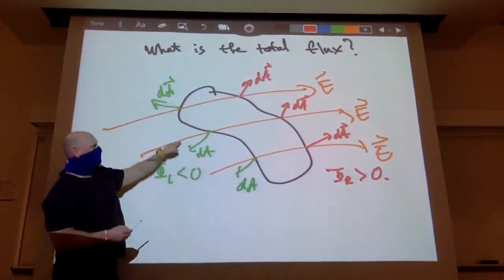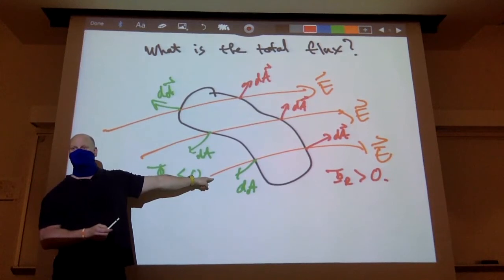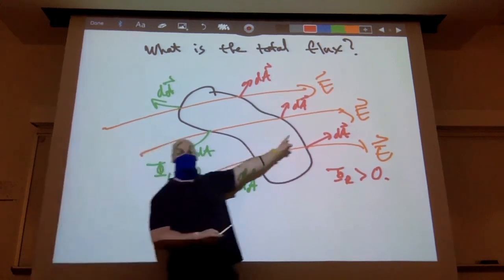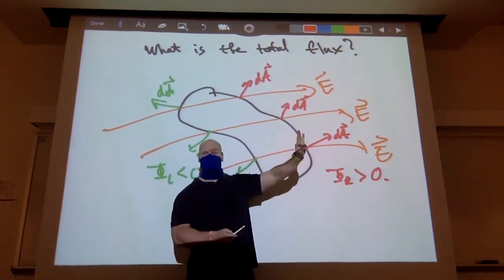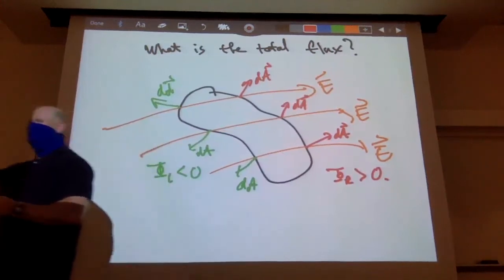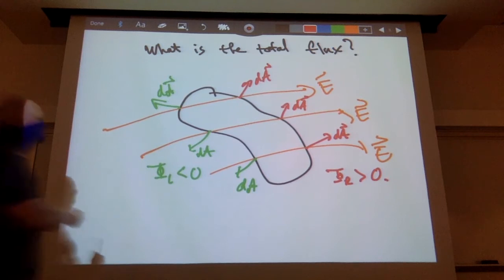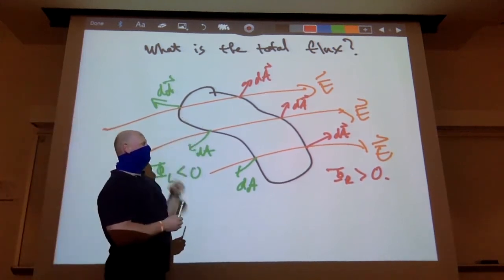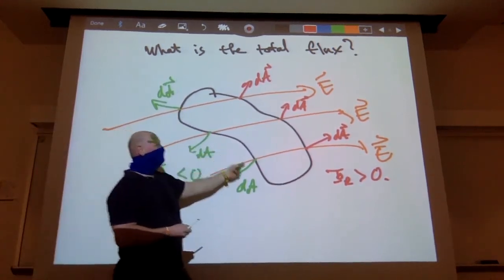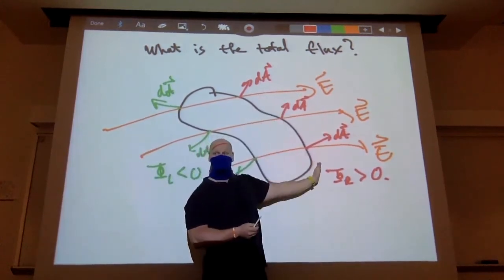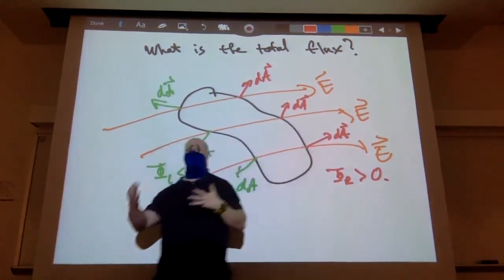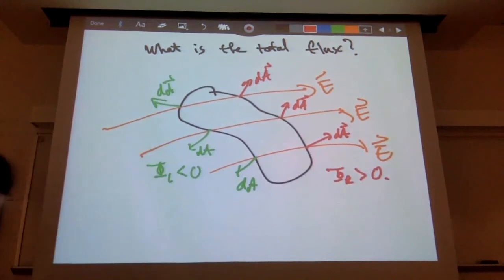But how many flux lines do I have on this side? How many electric field lines do I have on this side? 3. How many do I have on this side? 3. So if the flux simply tells me the number of field lines which are going in versus going out, or the number of flux lines which are passing through the surface, and I have 3 flux lines on this side which are negative and 3 flux lines on this side which are positive, what's the total flux? 0.